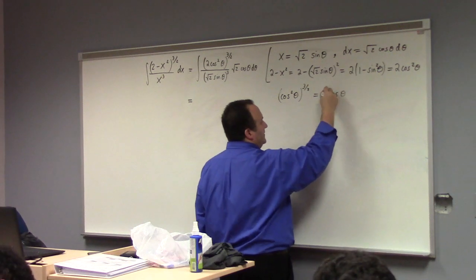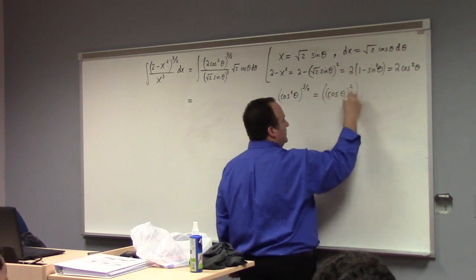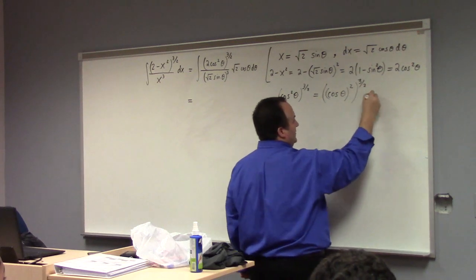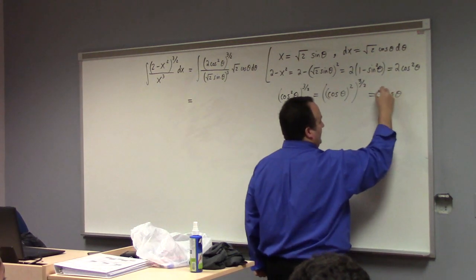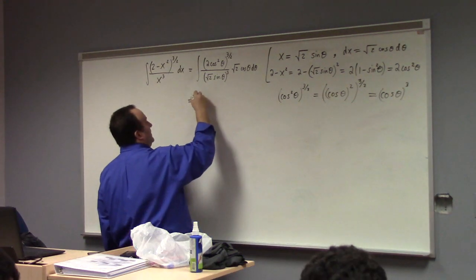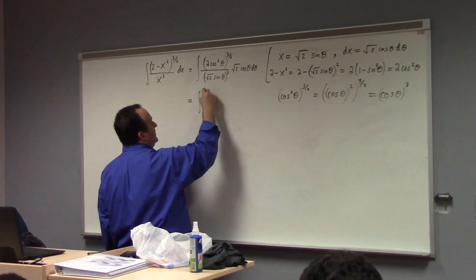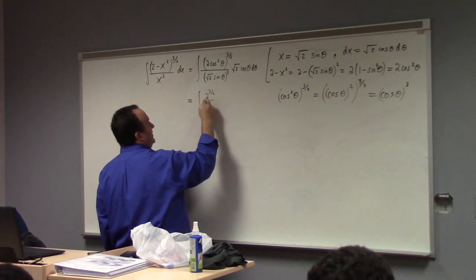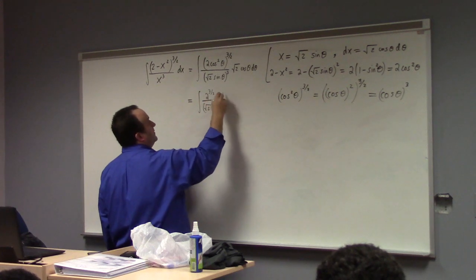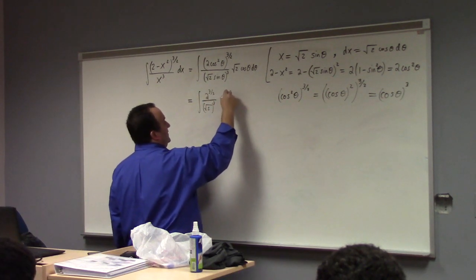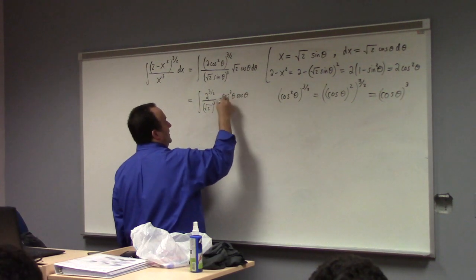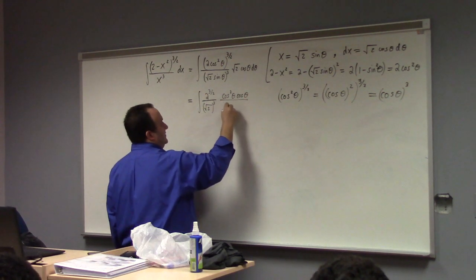Because that's cosine theta squared to the 3/2 power, and the laws of exponents, multiply the exponents, so that gives you cosine theta cubed, which of course we just write as cosine cubed. So what we're up against here is 2 to the 3/2 power divided by the square root of 2 to the 3rd power, right? And then you got yourself a cosine cubed theta, you got yourself a cosine theta, and downstairs we got sine cubed.